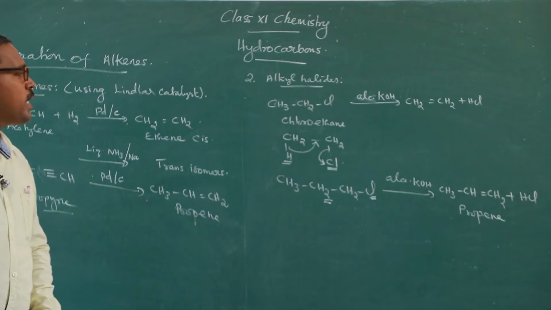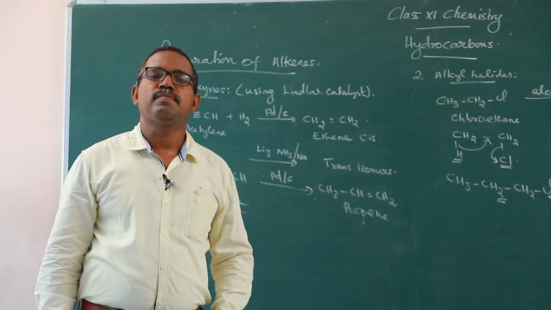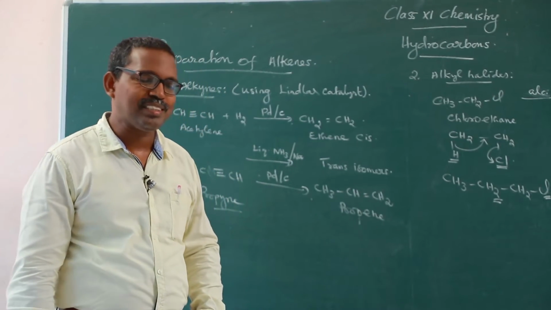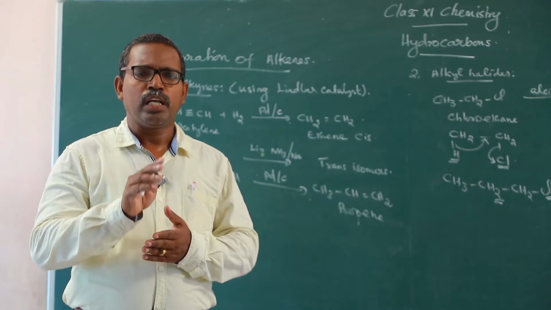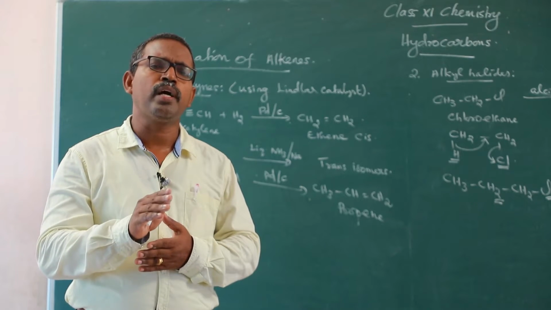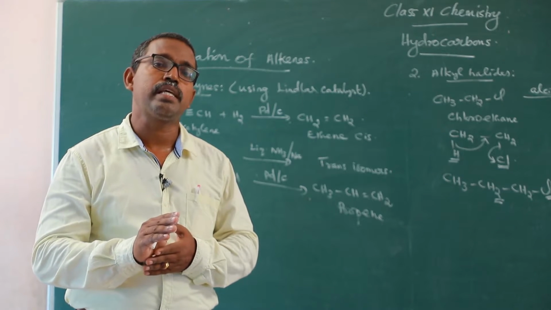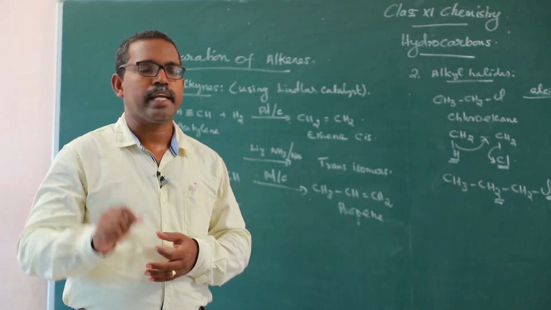And the third method is from vicinal dihalides. So, what are vicinal dihalides and what are gem dihalides? You must know vicinal and gem dihalides. In organic compounds, two halogen atoms present on the same carbon atom are said to be a gem dihalide.